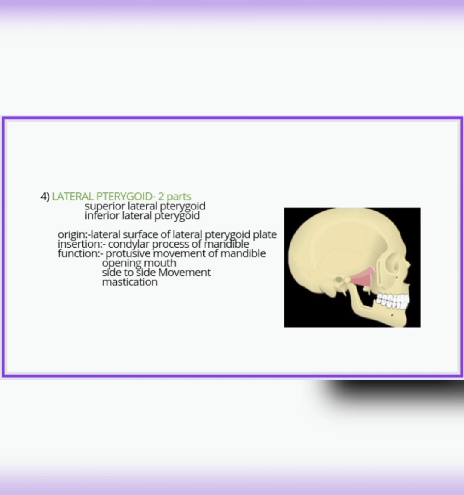This muscle originates from the lateral surface of the lateral pterygoid plate, and the medial pterygoid muscle originates from the medial surface of the lateral pterygoid plate. This muscle is inserted into the condylar process of the mandible. Its main functions are protrusive movement of the mandible, opening the mouth, side to side movement and mastication.